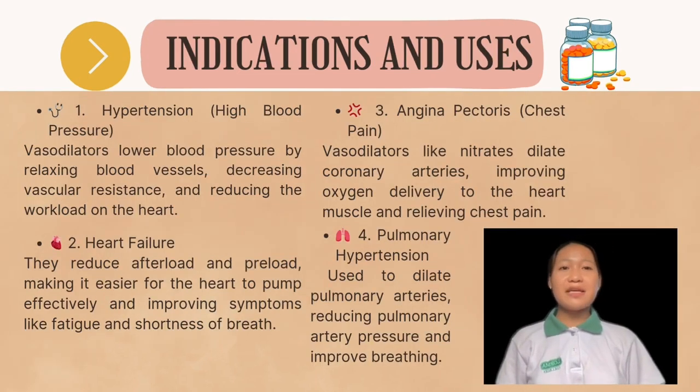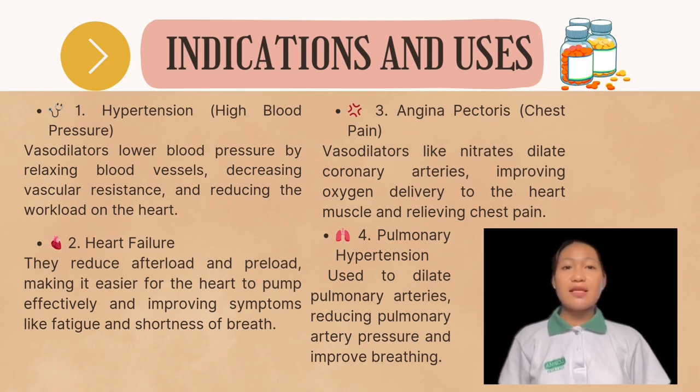So next are the indications and uses. First is hypertension or high blood pressure. Vasodilators lower blood pressure by relaxing the blood vessels, decreasing vascular resistance and reducing the workload on the heart. Second is heart failure. They reduce afterload and preload, making it easier for the heart to pump effectively and improving symptoms like fatigue and shortness of breath.